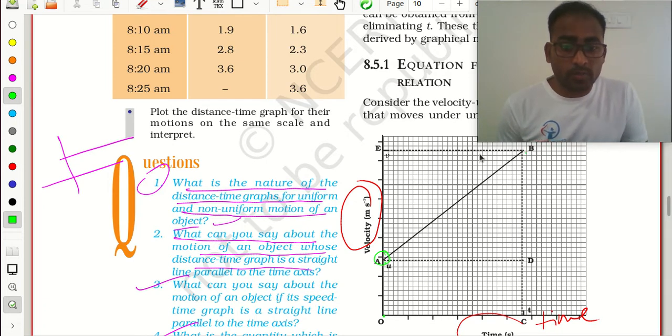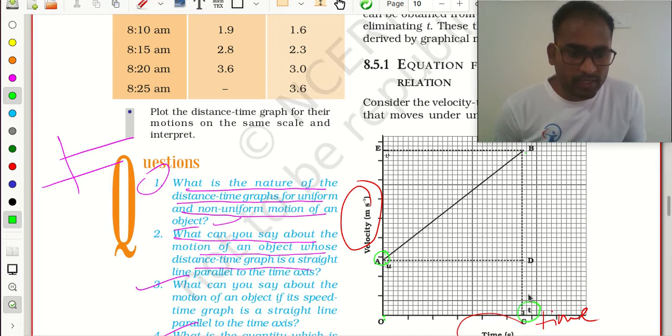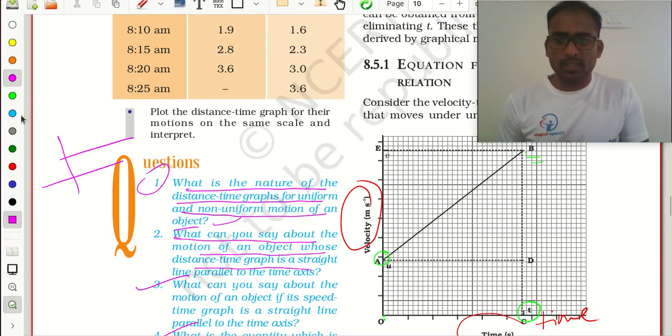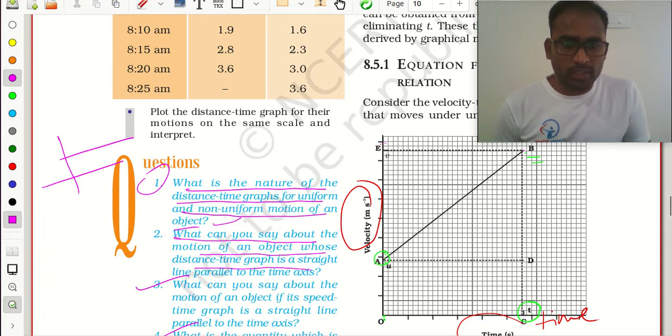And what is my final velocity? I moved for time t seconds. At time t seconds I stopped at point B. I stopped here now, so I will check what is my velocity. V is my final velocity, and this is the time that I need to take.